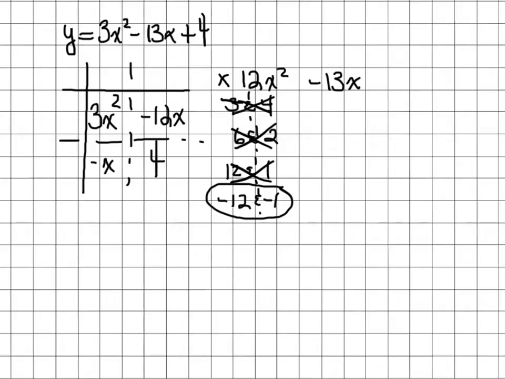Now what I have to do is common factor each row and each column, and that means we pick the biggest number that is evenly divisible into, if I start with my rows, these two. That ends up being 3x, because 3 is divisible by 3, and 12 is also divisible by 3, and we have an x and an x.